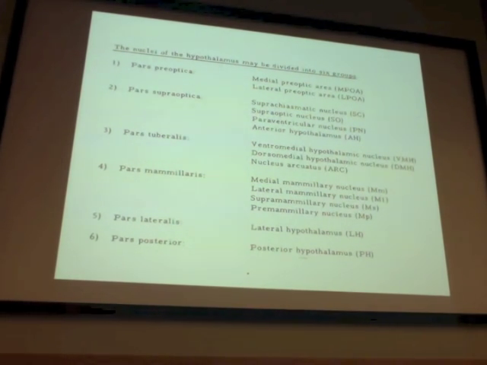And we know that each of these nuclei are important because they participate in producing releasing factors that act on the pituitary gland, which release the hormones that regulate a lot of our bodily function. And so we'll be talking about the various nuclei that are related to those big 6 areas in the hypothalamus.